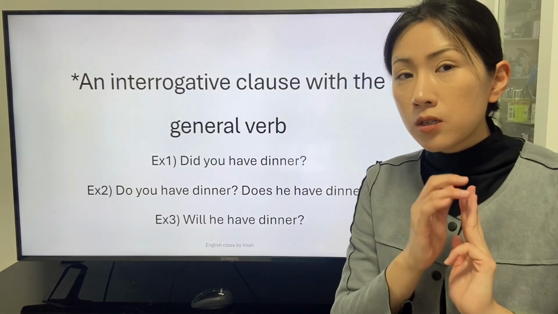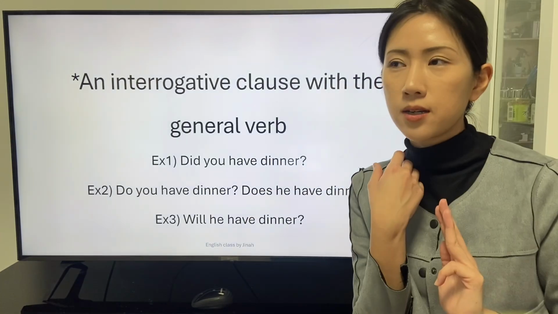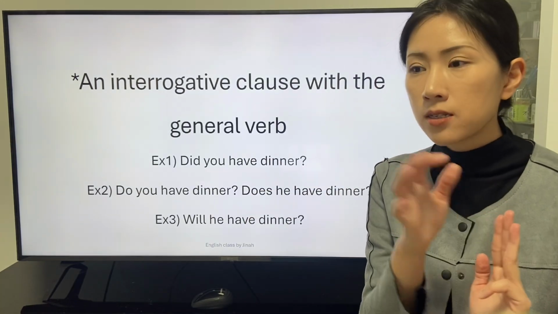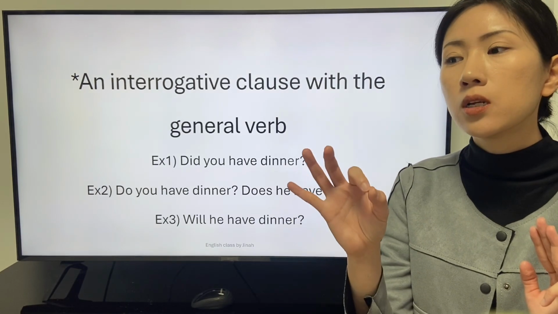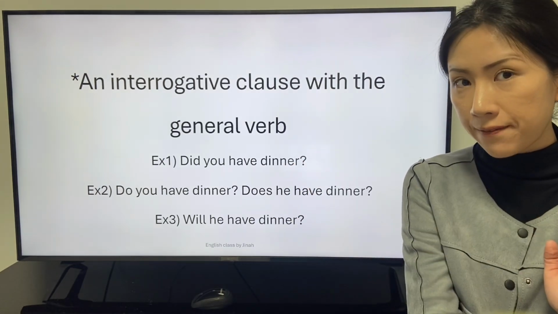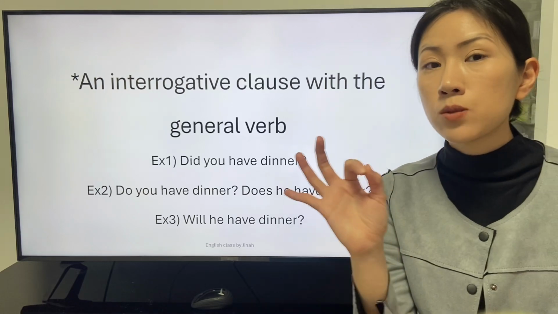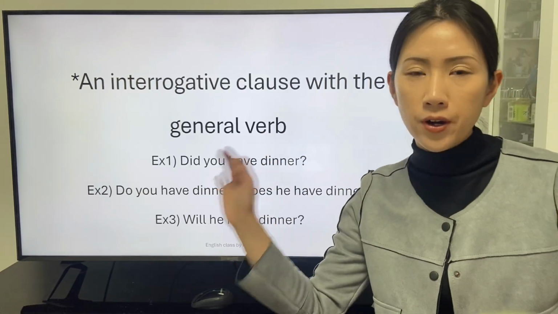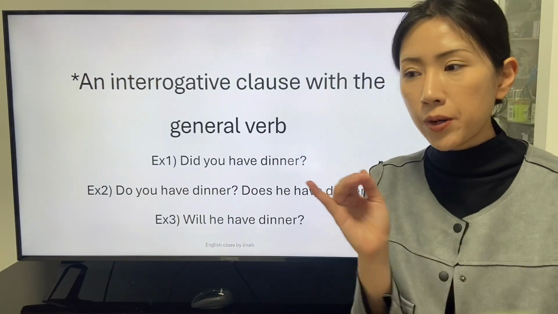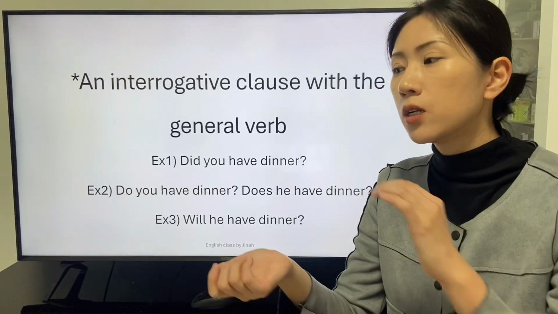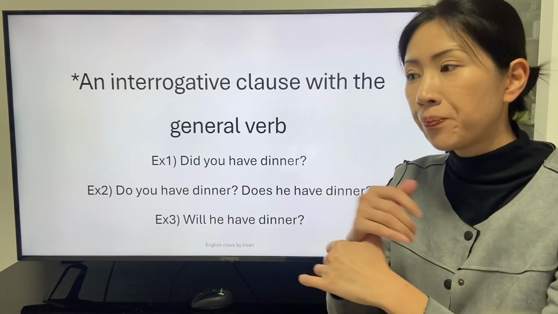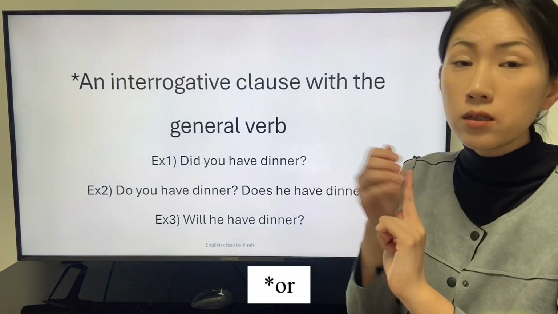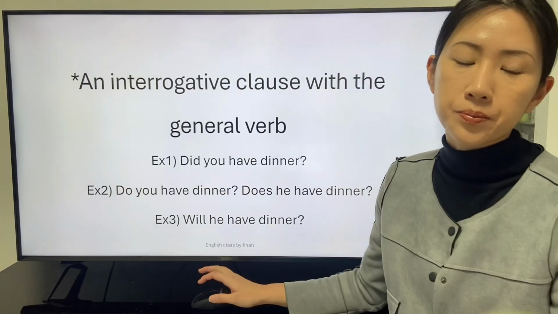Plus, the listeners can recognize that the verb of the interrogative clause is one of the general verbs. The modal verb will is applied to start the interrogative clause with the general verb, not the be-verb.